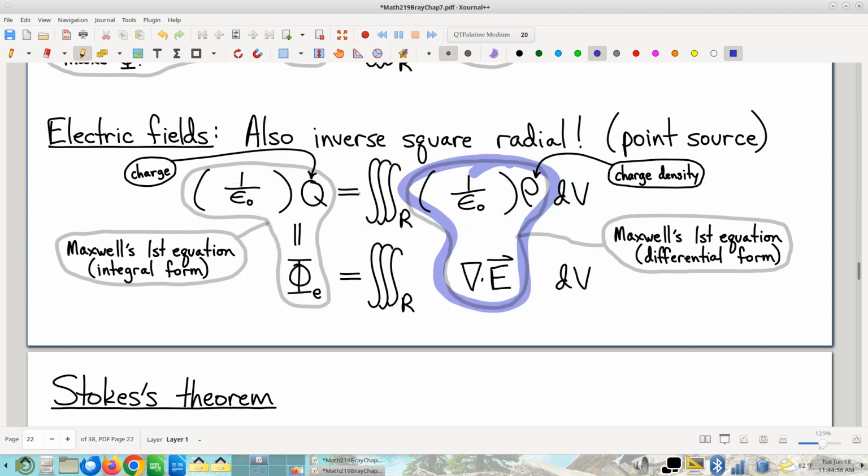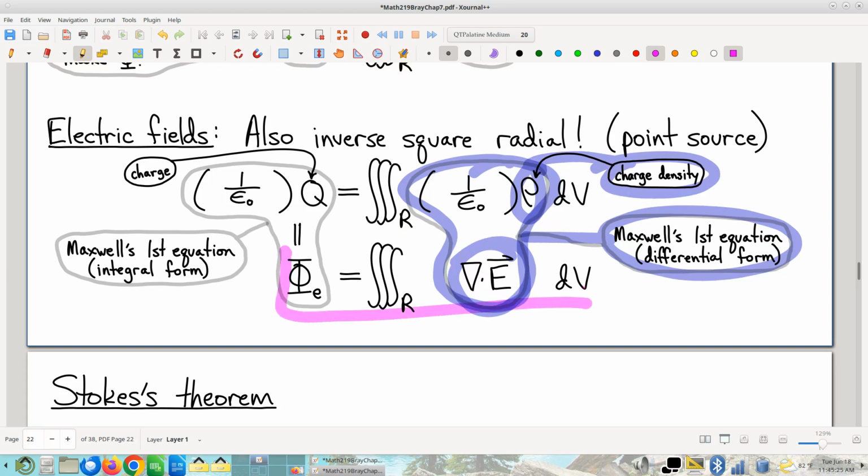And so big ideas about how to think about fluid flows and inverse square radii, all that stuff builds up to pretty good intuition for Maxwell's first equation in differential form. And that is the divergence of an electric field is proportional to the charge density. Actually pretty straight up believable. Thank you, Gauss's divergence theorem, that made that possible.